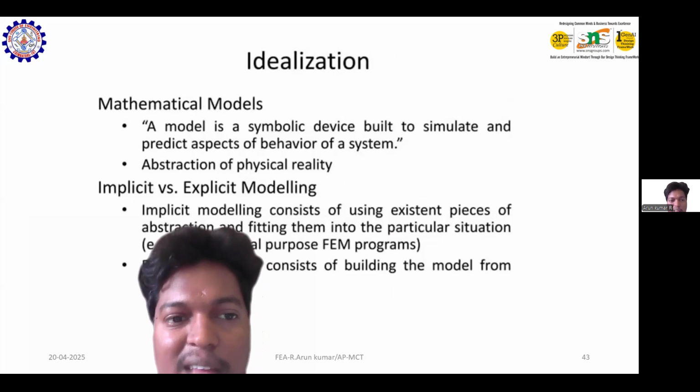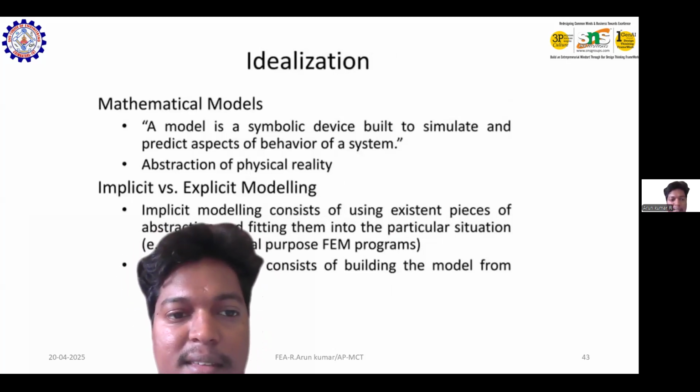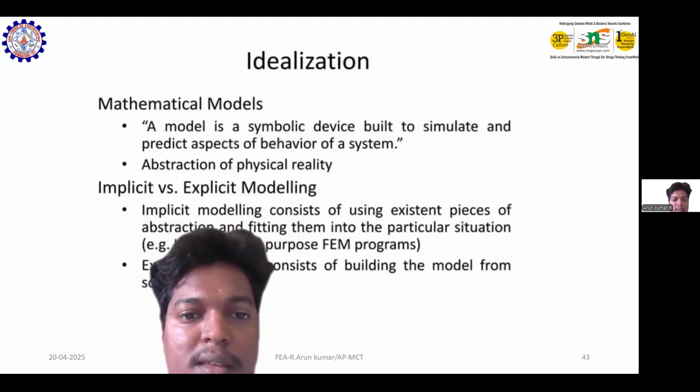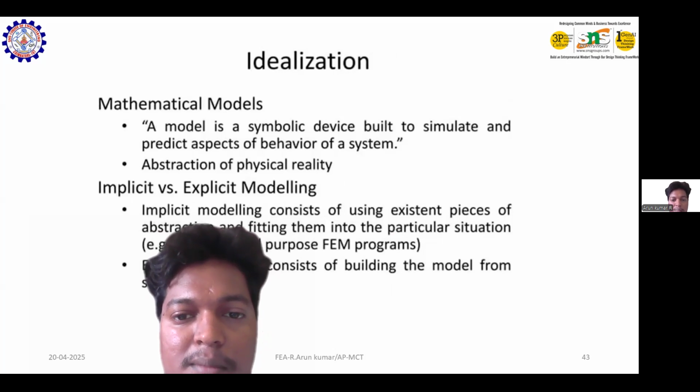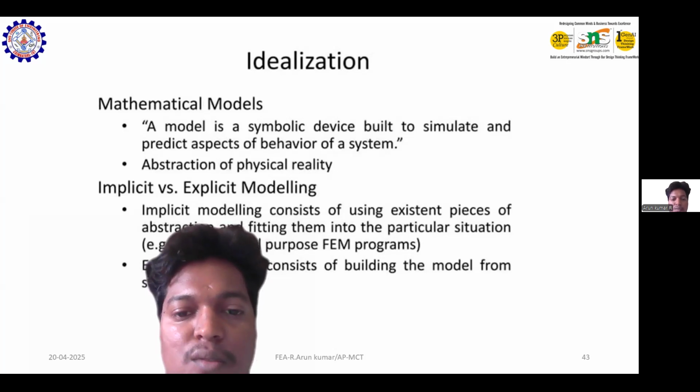So what is the idealization for these cases? For idealization, the mathematical model is very important for FEA problem analysis. A model is a symbol or device to simulate and predict aspects of the behavior of a system, an abstraction of physical reality.